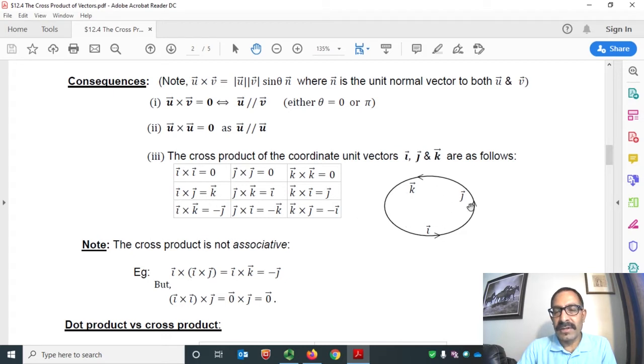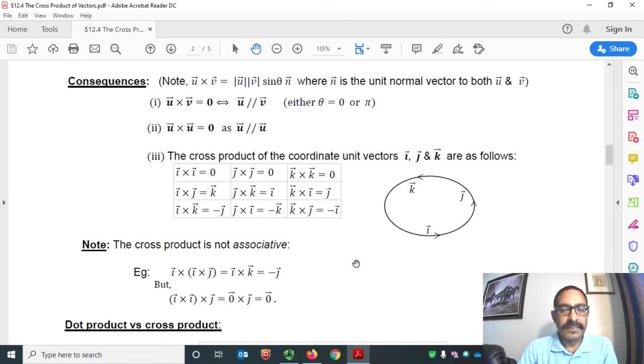So in this diagram, i cross j is k, going counterclockwise. j cross k is i, k cross i is j. If I go the other direction, it produces the minus. For example, i cross k is minus j, k cross j is minus i, j cross i is minus k. Awesome. I hope this makes sense to you all.